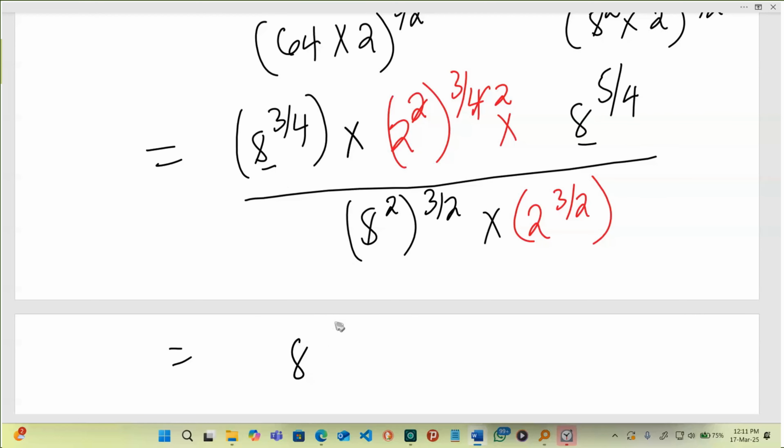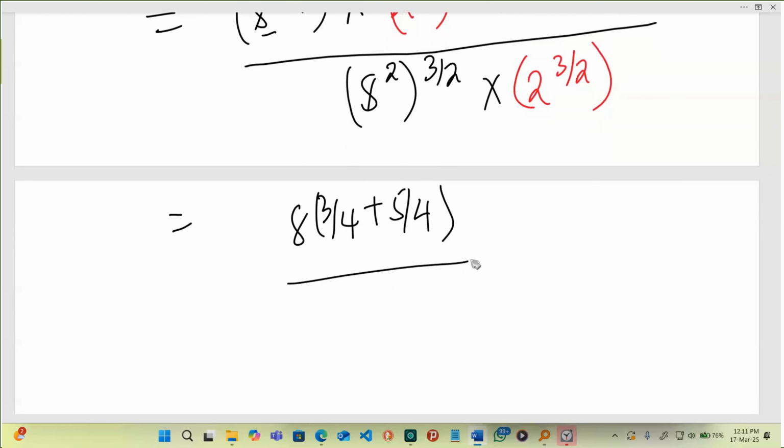So I'll have 8 to power 3 out of 4 plus 5 out of 4, because we said if we have same bases, we can add the powers. Then we are dividing by, I can also cancel this and that: 8 to power 3 times 2 to power 3 out of 2 divided by 2 to power 3 out of 2.